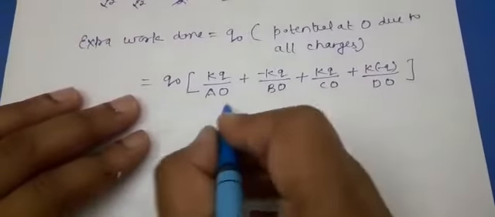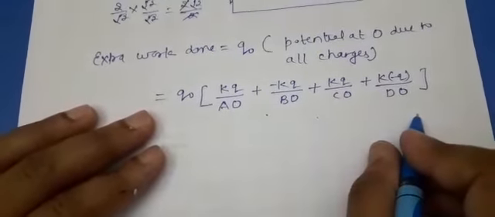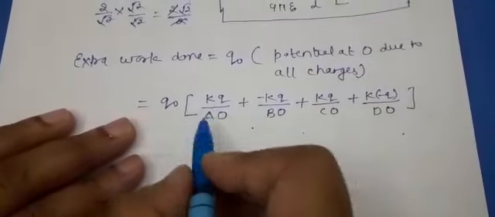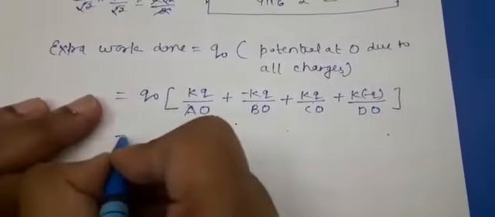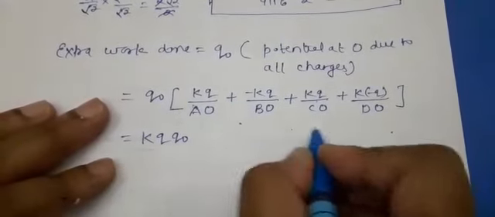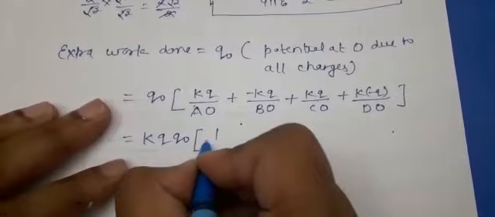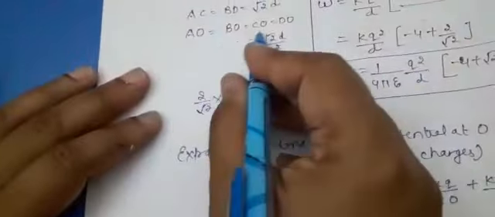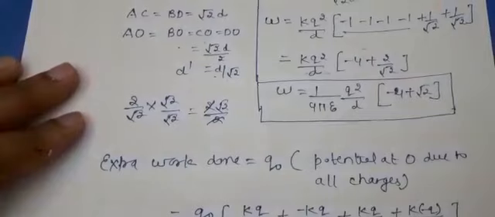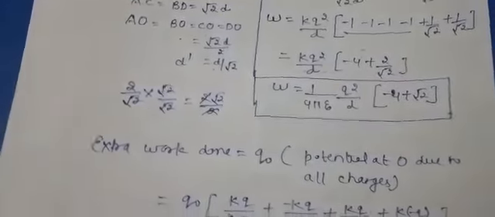Now AO, BO, CO, DO all have the value D by root 2, and here Q and K are common, so let me take them outside: K, Q, Q naught. Let me take this AO, BO, CO, DO value, D by root 2, as D dash, because the value is common, to make the calculation simple.